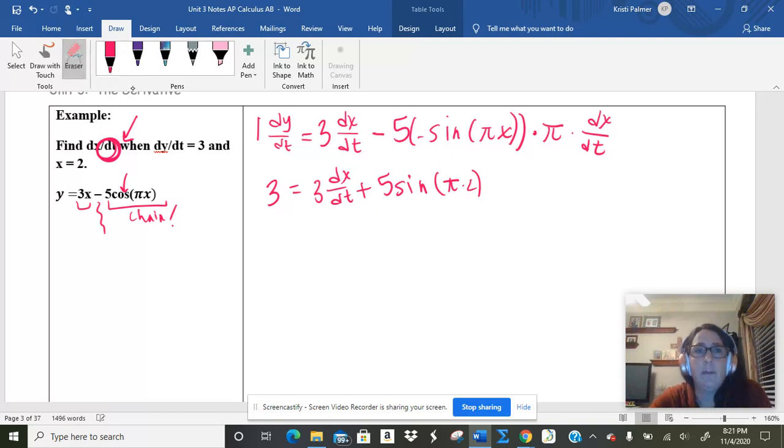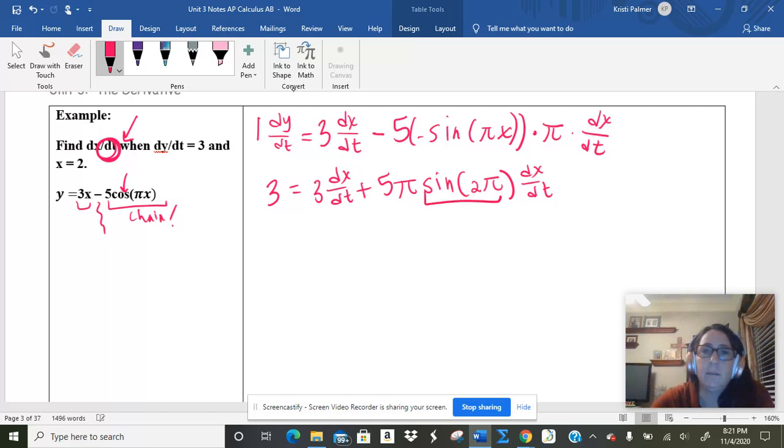I'm going to put all that together. Put that pi at the beginning. And I'm just going to change the order and make that 2 pi. But wait, I know what sine of 2 pi is. 2 pi is over here.